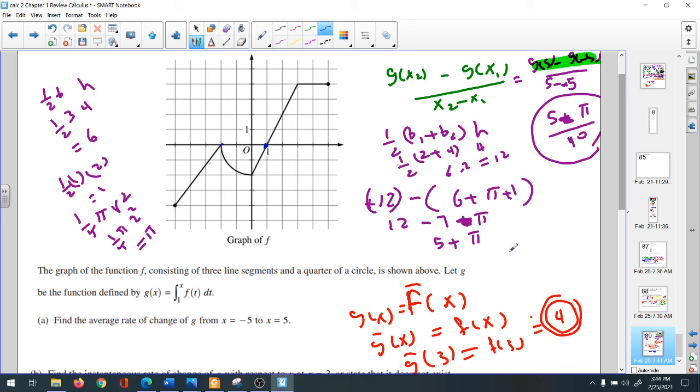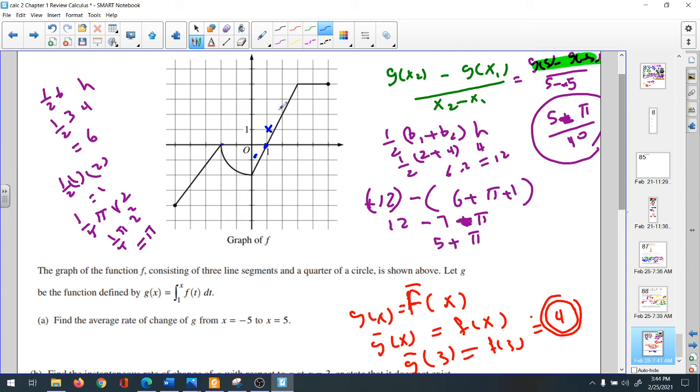Local minimum, because the graph before it was negative and after it is positive.